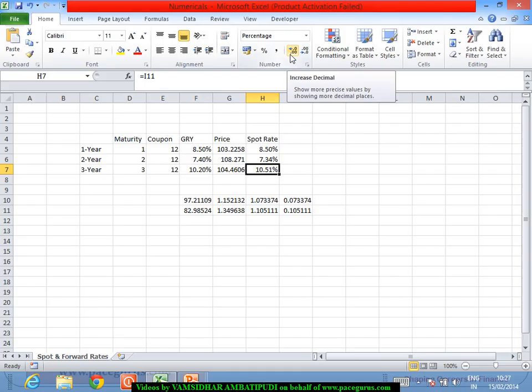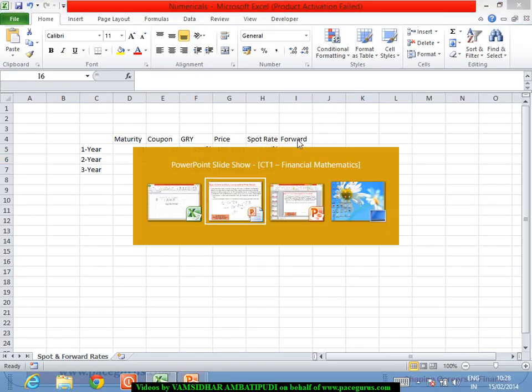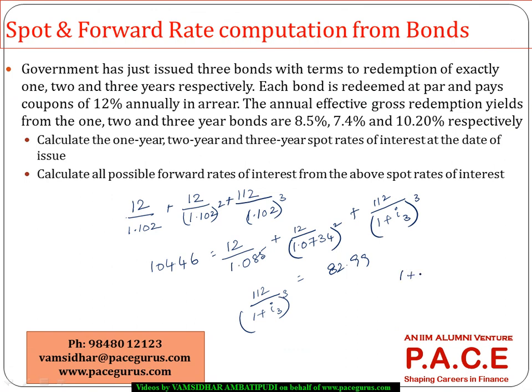Once I know the spot rates for each of the periods, I can get into the computation of the forward rate. In the first case, between 1 and 2 years, the forward rate is given by 1 plus I2 squared equal to 1 plus I1 times 1 plus the forward rate from 1 to 2 years.